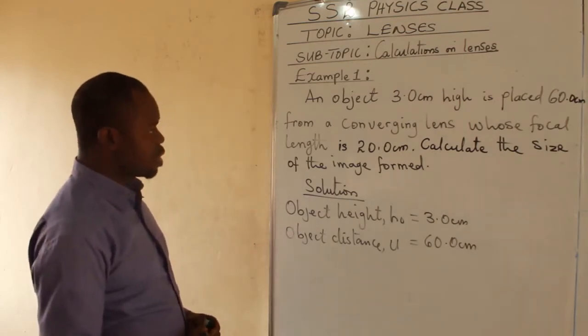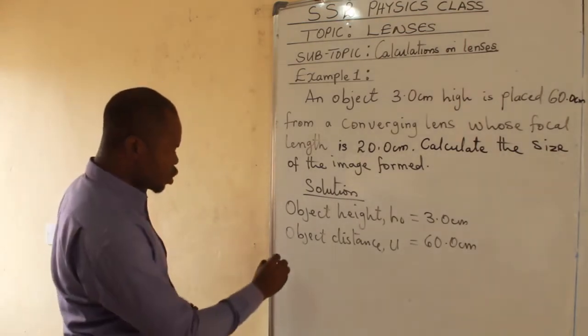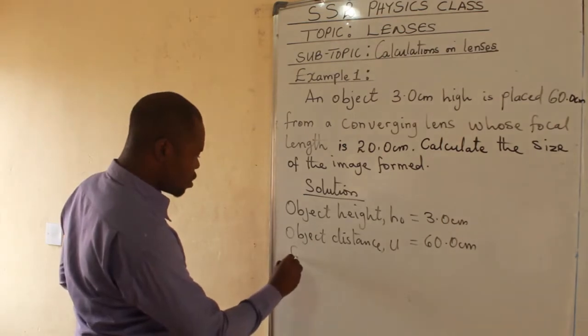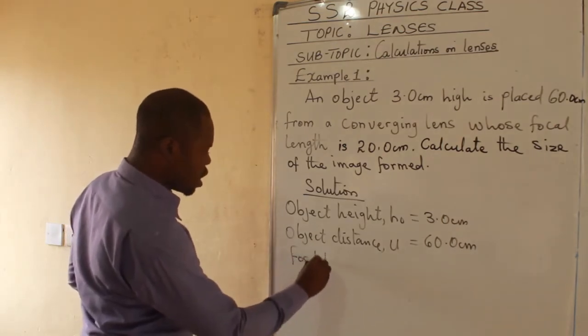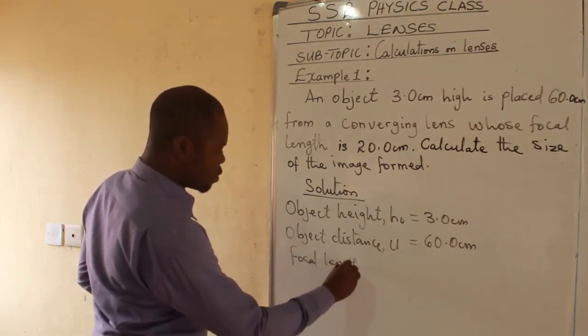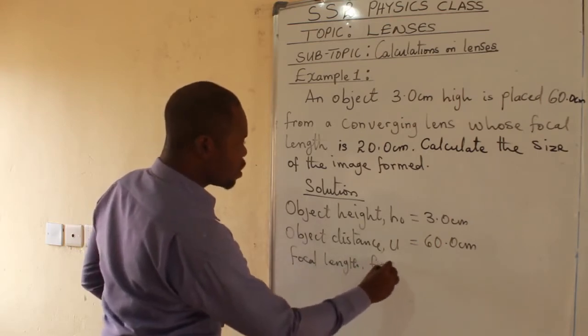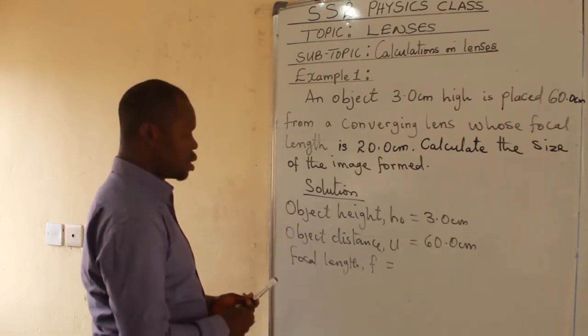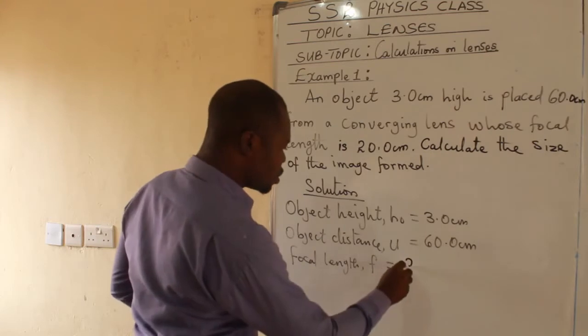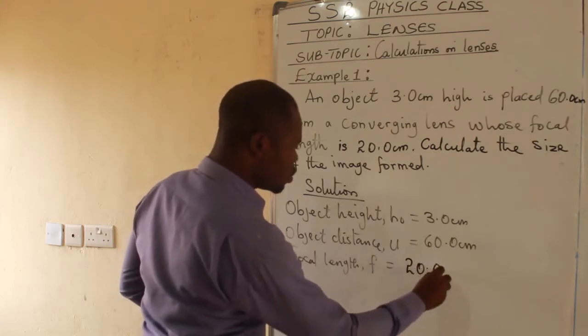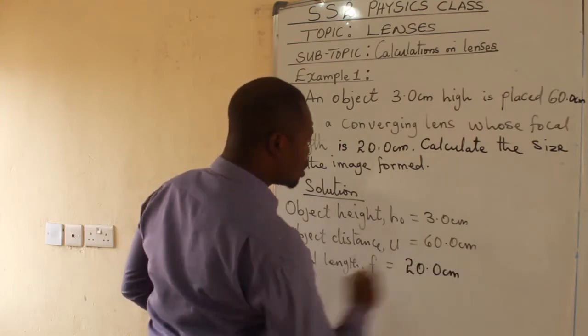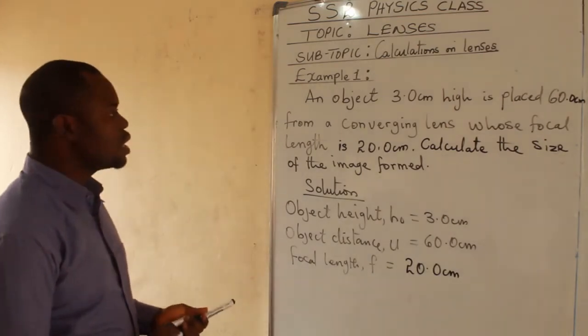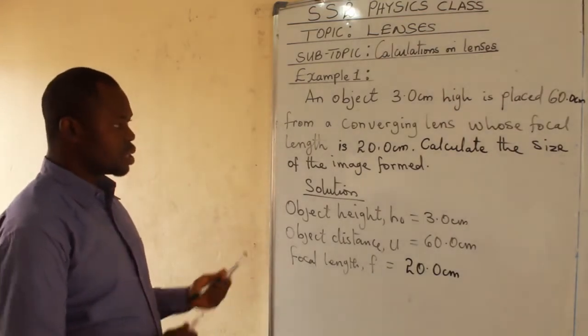The lens has a focal length, F equals 20.0 centimeters.